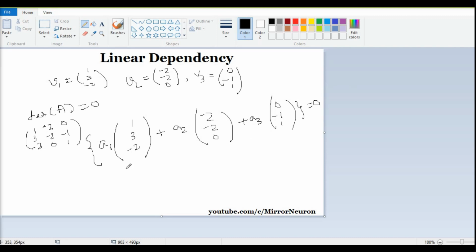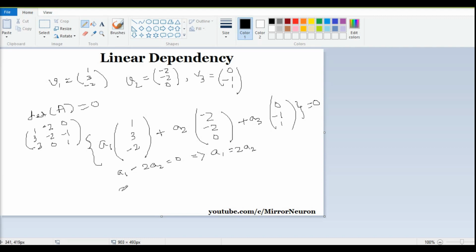For that case I can have a set of three simultaneous equations. The first is A1 minus 2A2 plus A3 times 0, which is 0, and this implies A1 is equal to 2 times A2.